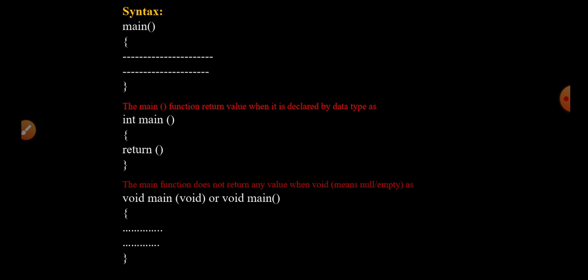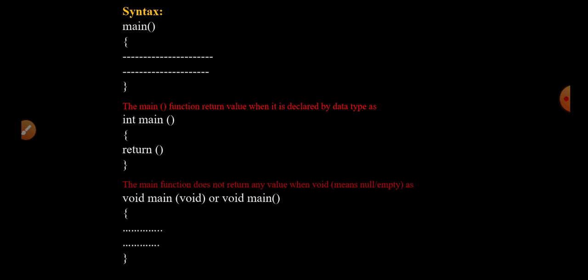So if the main function has to return a value, then it is declared by the data type as int main. At the end you can observe we have the statement like return. Whatever the value has to be returned, it has to be returned here. In this case we are using the type declaration integer.